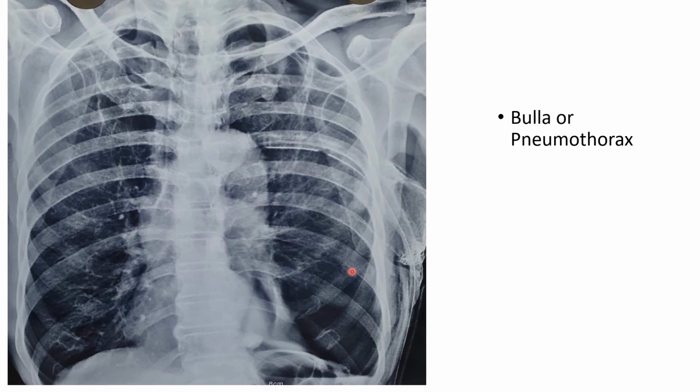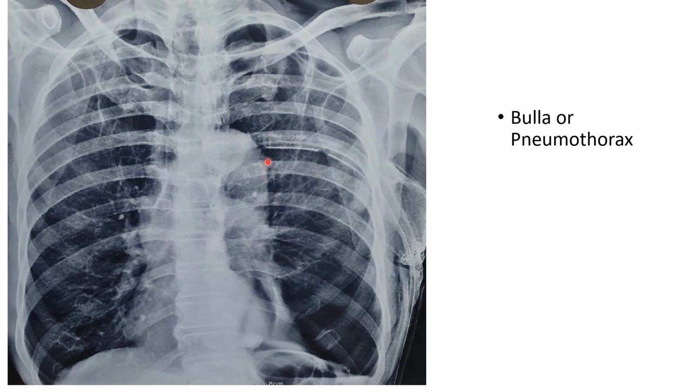So we have to be careful again. Here in these cases sometimes it can be a bulla. A bulla can also be as large as this in one particular area, with hyperlucency with absence of bronchovascular markings. So one possibility is bulla, and another possibility is pneumothorax. So here we have to be careful.